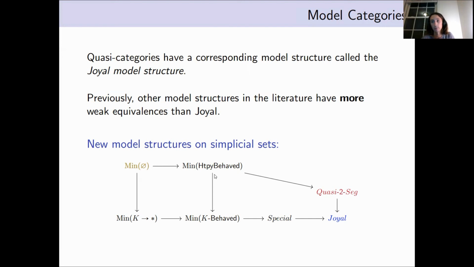This corresponds to simplicial sets that have a homotopy theory that's similar to quasi-categories, but they don't have the composition that gives them the categorical behavior. And so it's a good starting place to then introduce the 2-Segal things to get quasi-2-Segal sets.